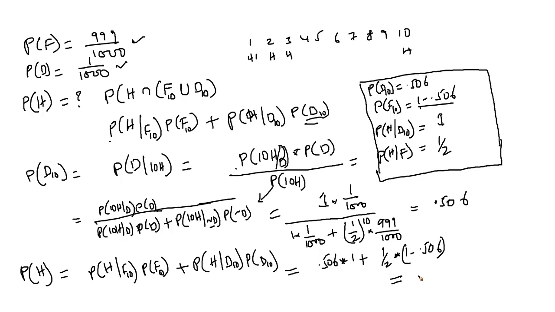So the total is going to be 0.753. Okay, so that's the value, since we are asked about the third significant digit, and this is 0.753. It's actually applying Bayes' theorem twice, so that's why it is a little bit complicated, but this is the process you need to use.